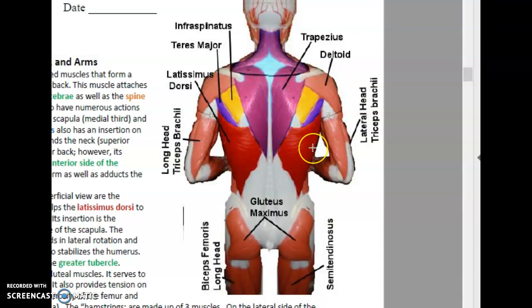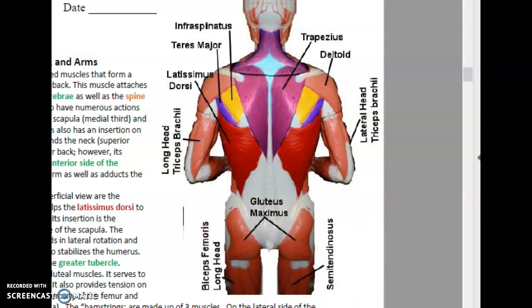So if you click on the blue dot, this view comes up. Maybe I was teaching to the activity you're doing next when I added those two muscles. We have the trapezius there. We have the infraspinatus. We have the teres major. We have the latissimus dorsi. We have the gluteus maximus.